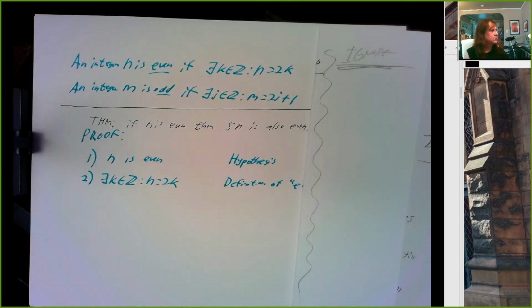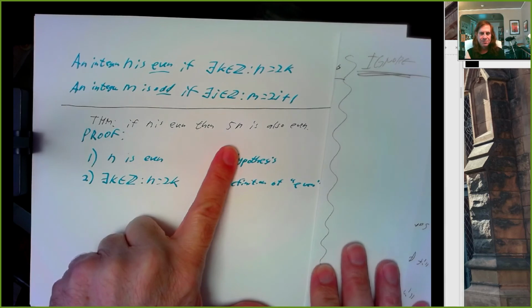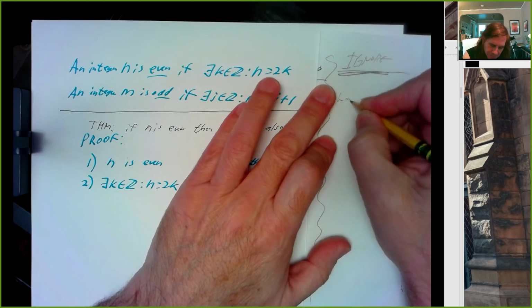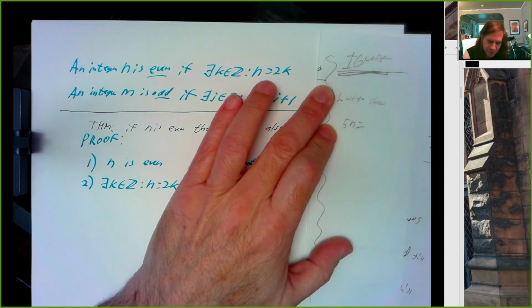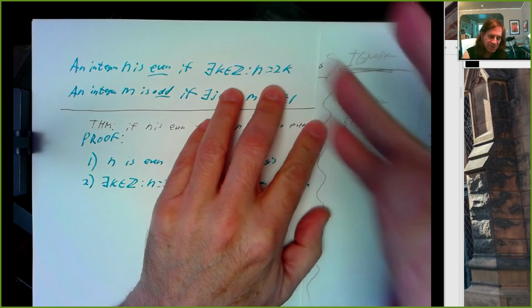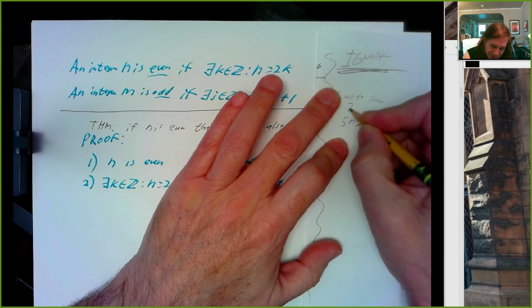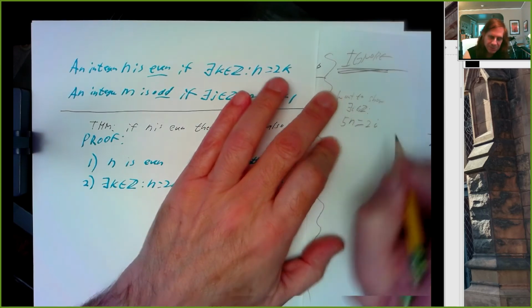And so what am I going to do down here? I'm going to look at where I'm trying to get to. I'm trying to get to the fact that 5n is also even. Which means I want to show 5n equals 2 times some integer. I'm not going to say k because I'm already using k in here, but I want to show there exists an i in the integers such that 5n equals 2 times i.